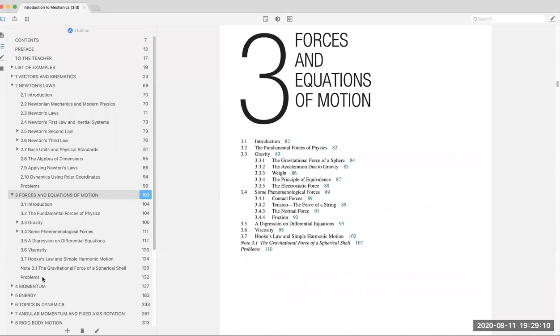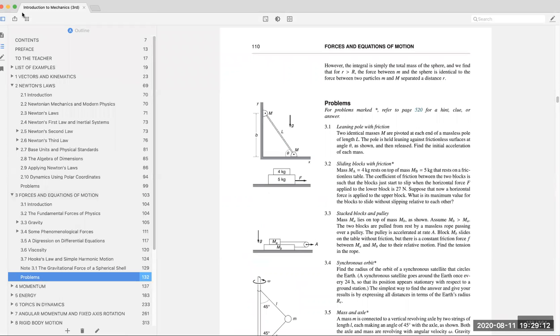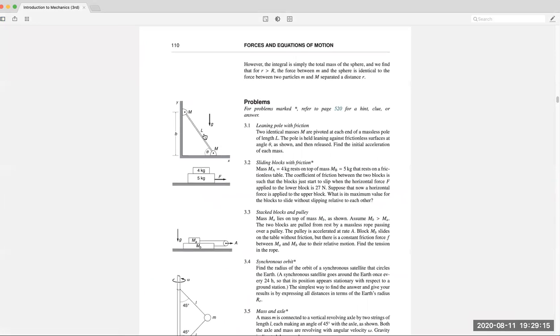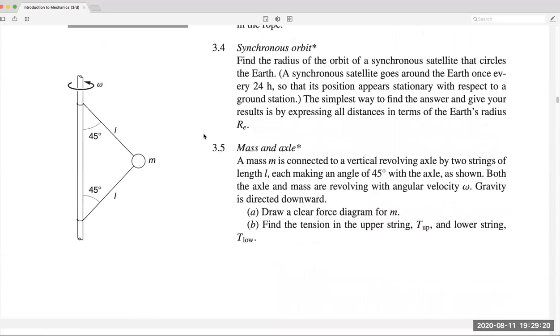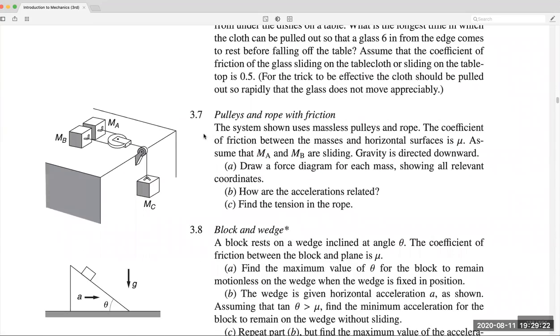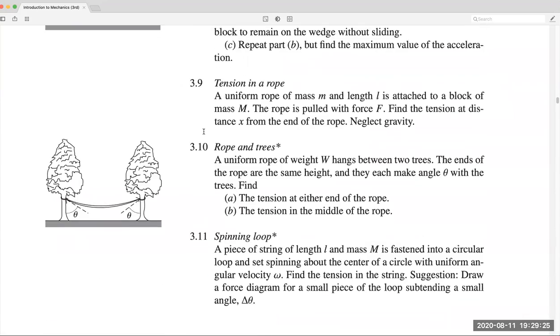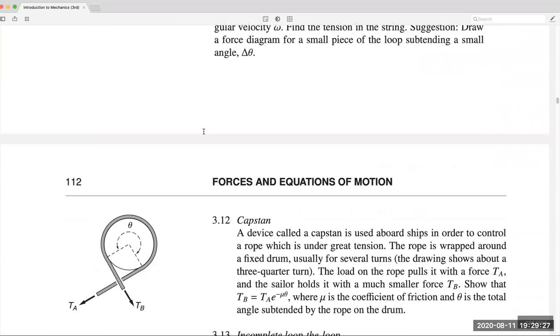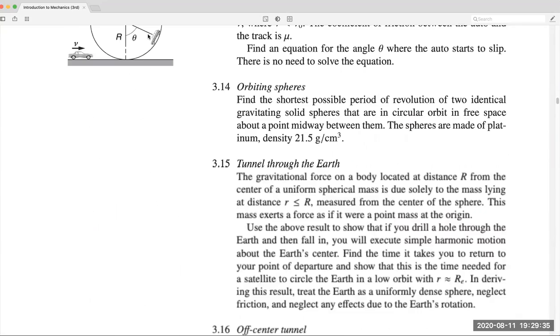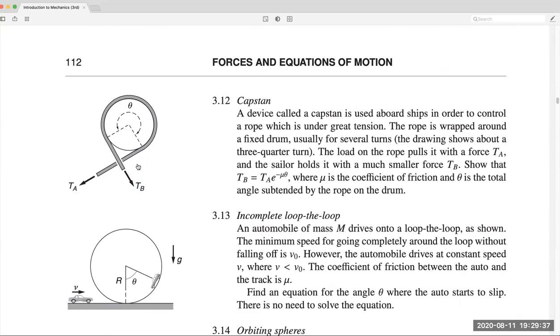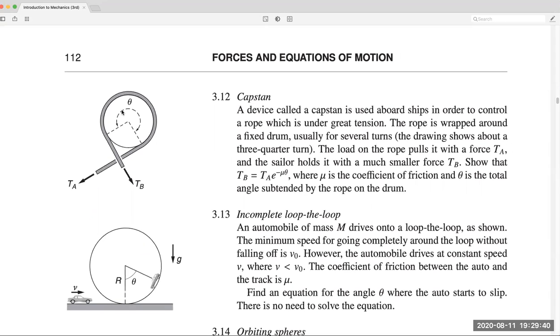The next chapter is also about the force equation, but it will be a little bit more difficult. Let's have a look. The questions are so similar to each other. I think they have solved this question already. I don't remember. Maybe let's have a look at this question.